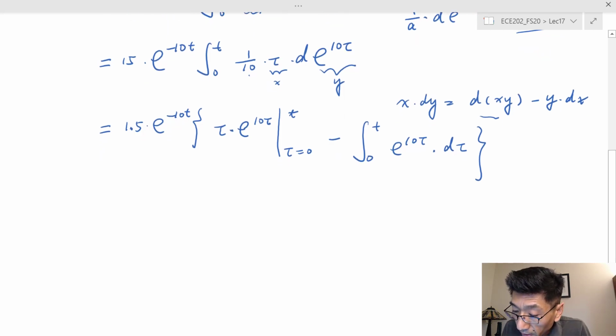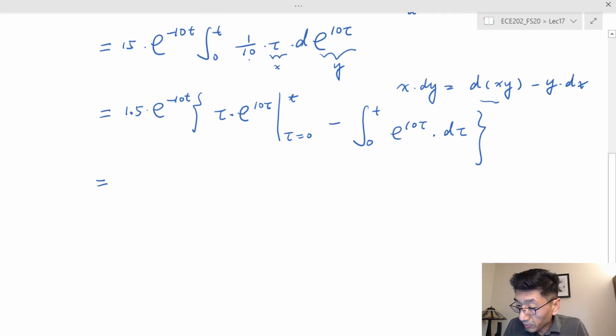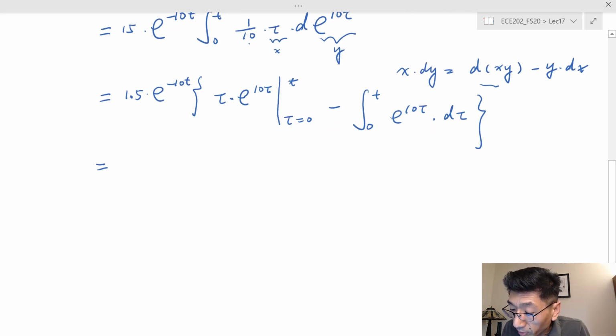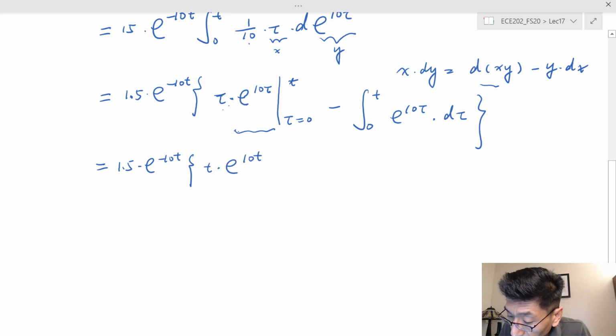So this is this step, and in the next step I want to evaluate the first term at the upper and lower limits. The lower limit is tau equal to 0, so that will be 0. So I have t times e to the 10t minus 0 for this term. Therefore I got 1.5 e to the minus 10t, and the first term I'm left with is t times e to the 10t minus 0.